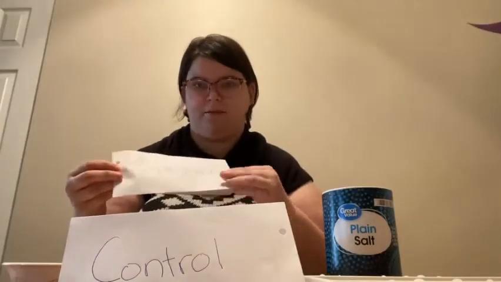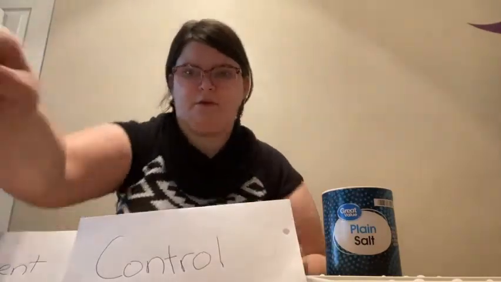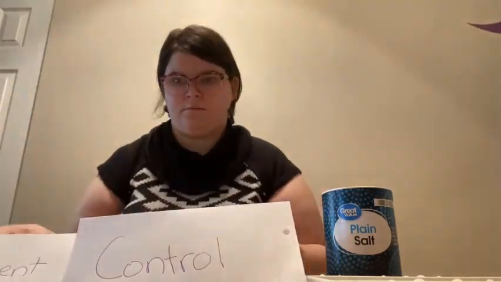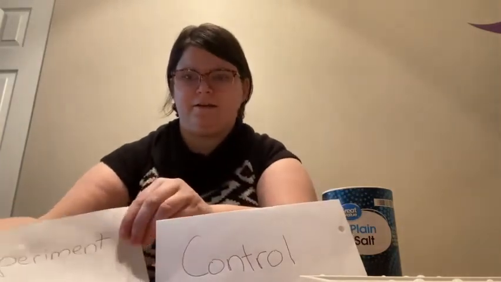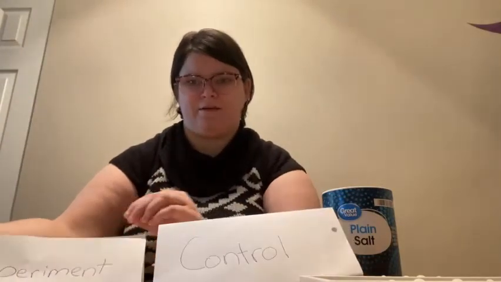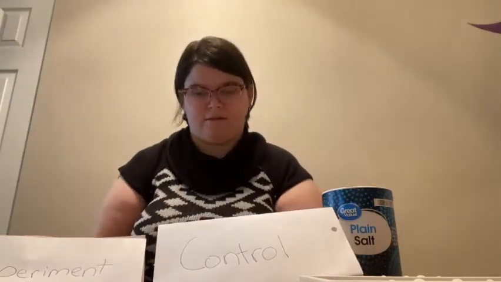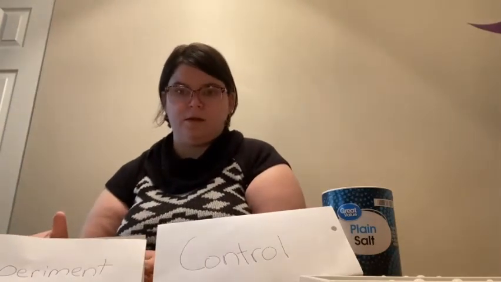So now that we know what experiment group is, we're going to go ahead and put that next to the other bowl. I know it's hard to see, I got a lot going on here, but the experiment is this bowl right here. I'm going to take these signs down in a second, just so you guys have an idea. So we have 1 control group and 1 experiment group.